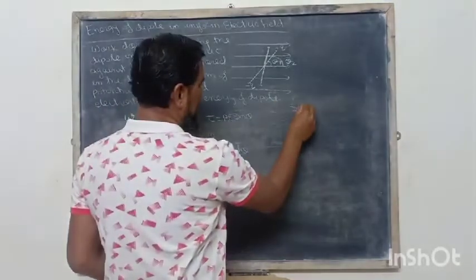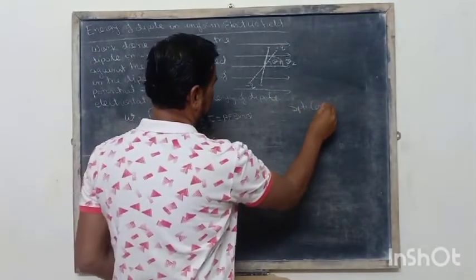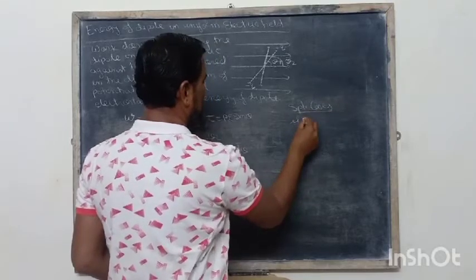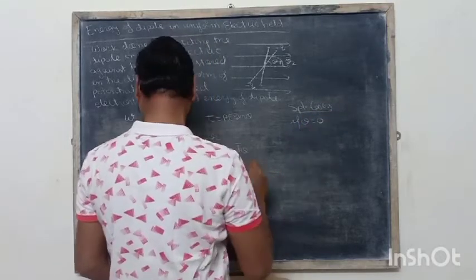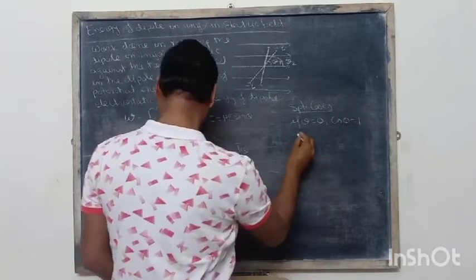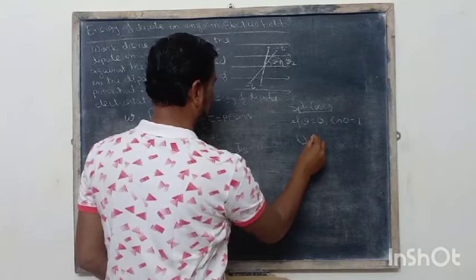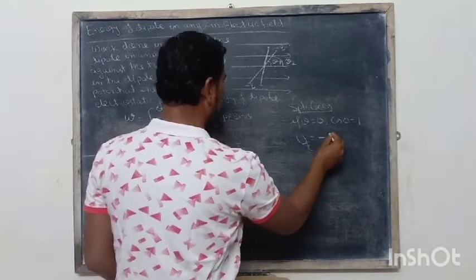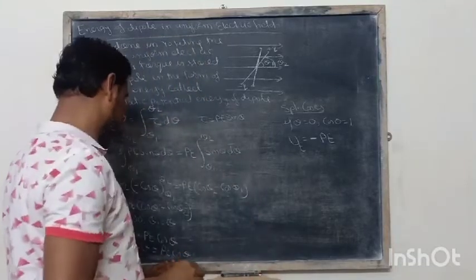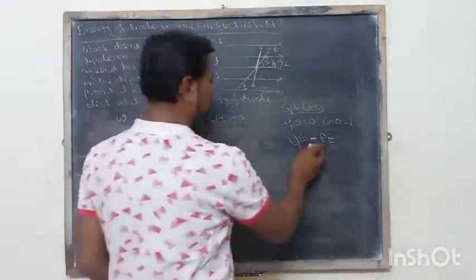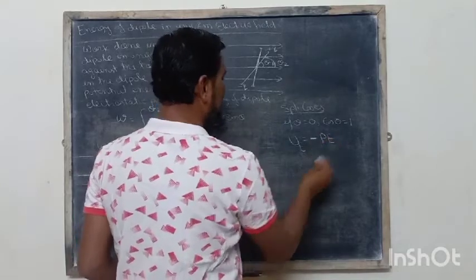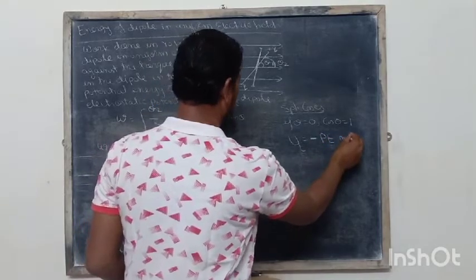Now we shall again discuss the special cases. If theta is equal to 0, then cos 0 is equal to 1, then U is equal to minus PE. This is the minimum potential energy of the dipole.